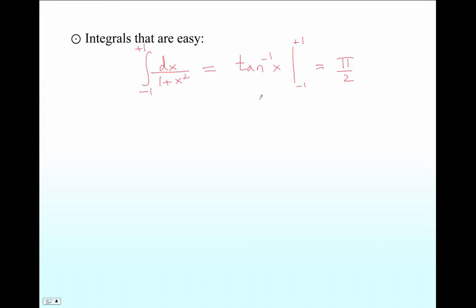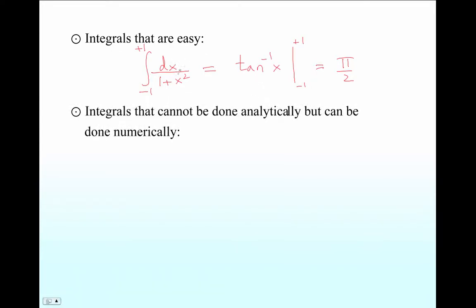Here, we don't need to do anything numerically. That's because we had really an antiderivative over here. But what if one has something like this? Minus 1 to plus 1 e to the minus x squared. Now there is no function that we know of which when differentiated will give you e to the minus x squared.